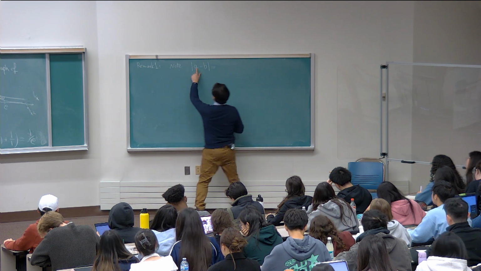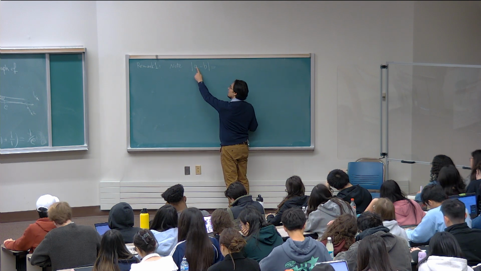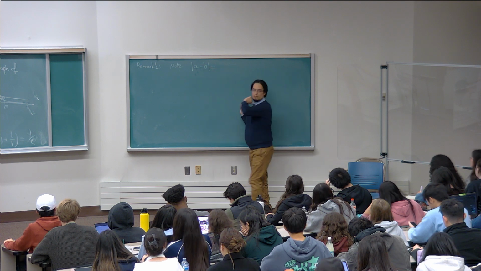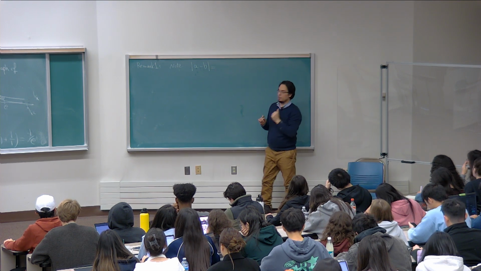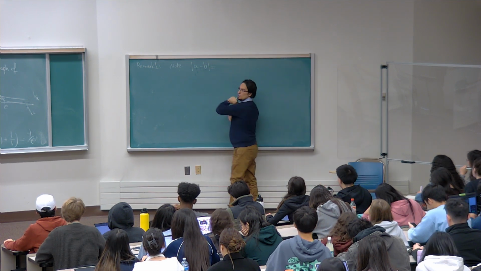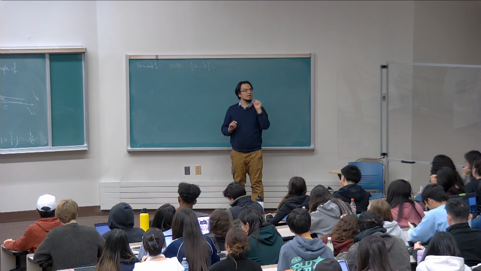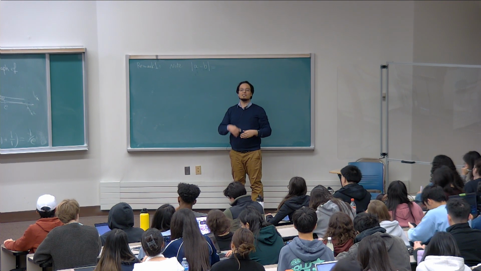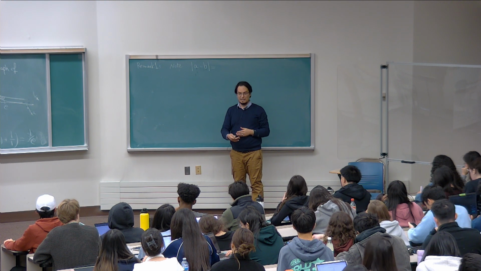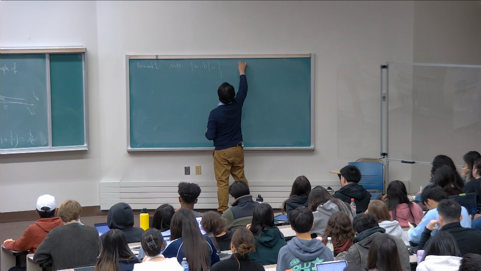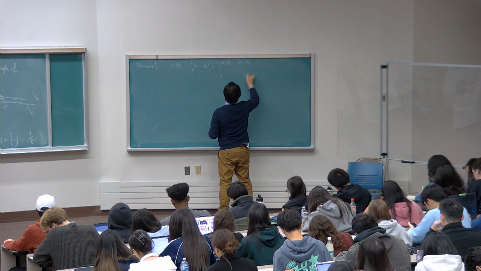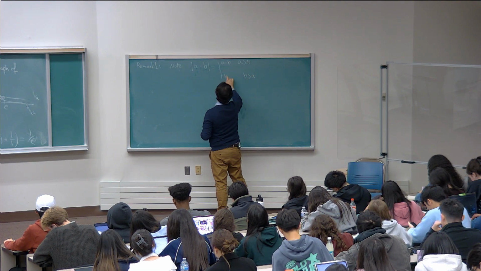Why? Because if a is bigger, a minus b will be positive, so a minus b will come out. So the first one will be larger. If b is larger, then a minus b will be a negative number, and the absolute value will spit out the negative of that. So a bigger than b will be a minus b. b bigger than a will be b minus a.